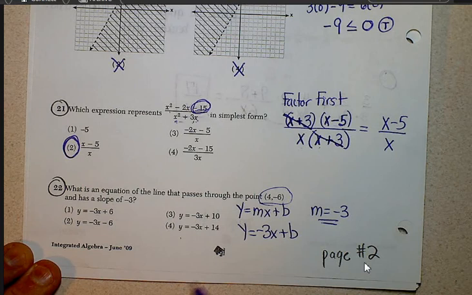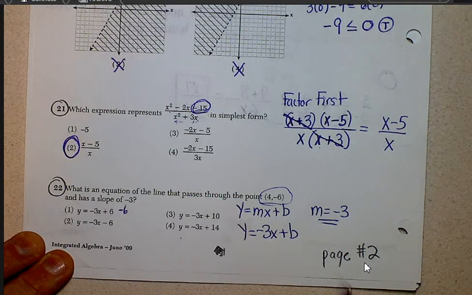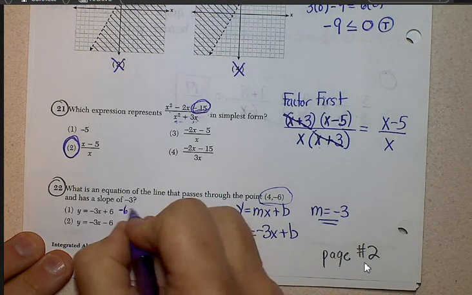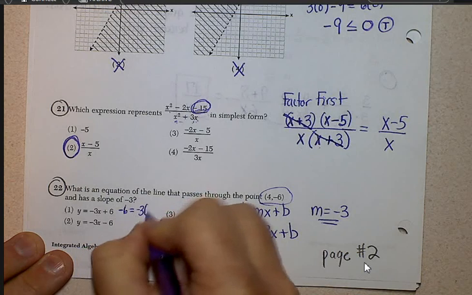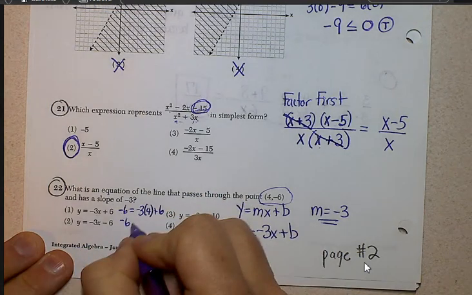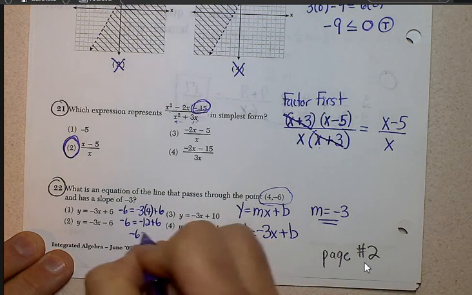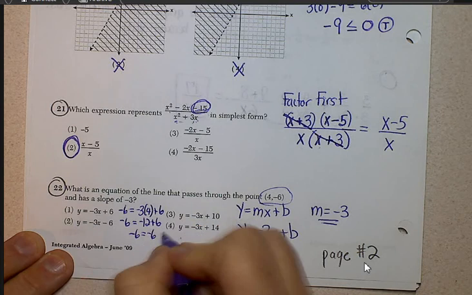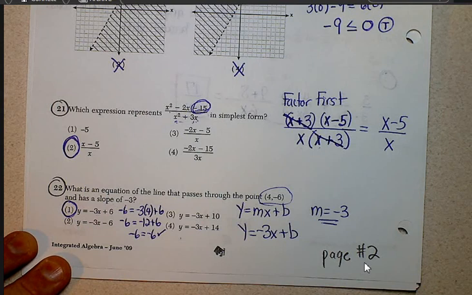So in the first case, we got negative 6 goes in for y, then equals negative 3 times 4 plus 6. So we have negative 6 is equal to negative 12 plus 6. We get a negative 6 is equal to a negative 6. And guess what, guys? We're done. That's it. That's the one that's going to work. All right, if you wanted to, you can check and plug them into all the rest, and they don't work.